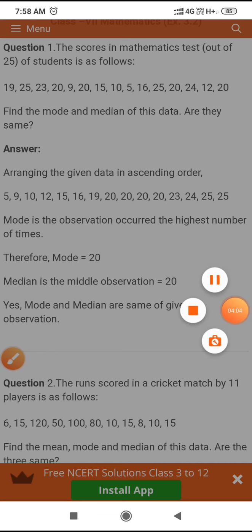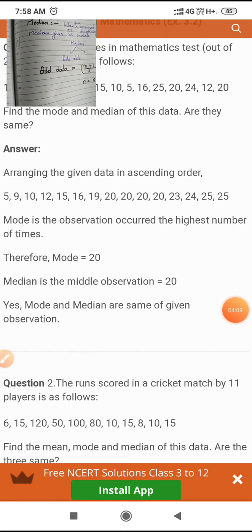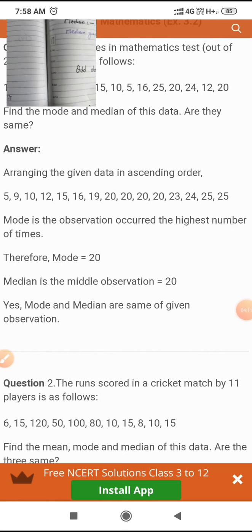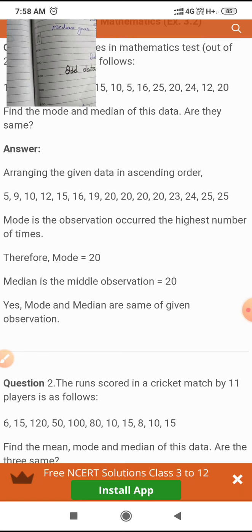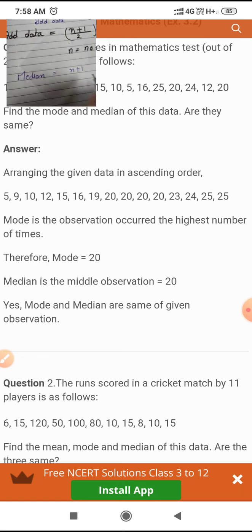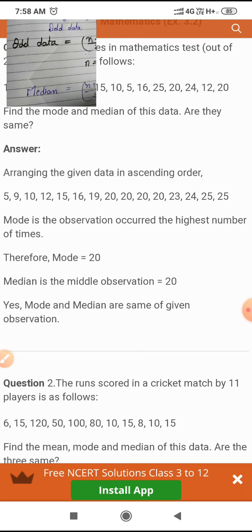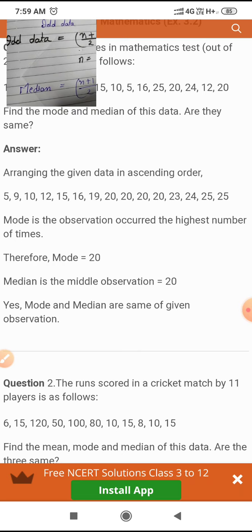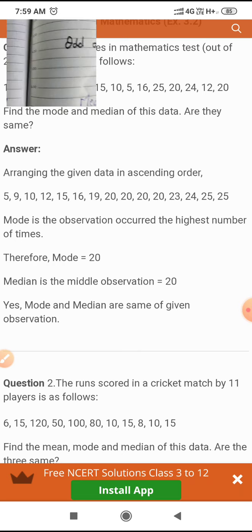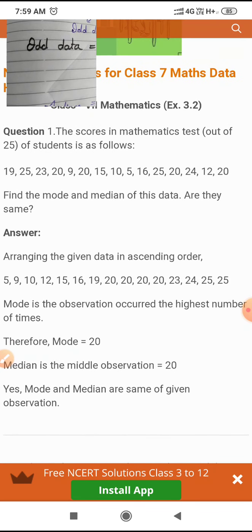To find the median of this data, we apply our formula. Median is equal to (n plus 1) upon 2 observation, or you can say term. Here the total marks are 25, as given in the question, out of 25.